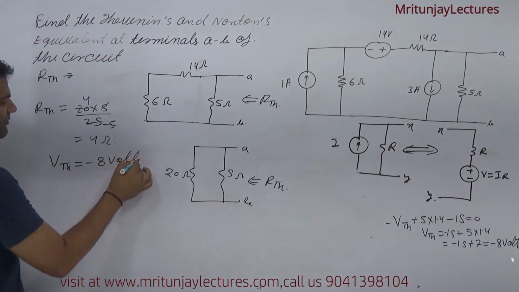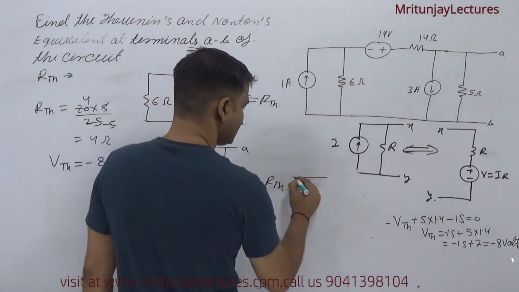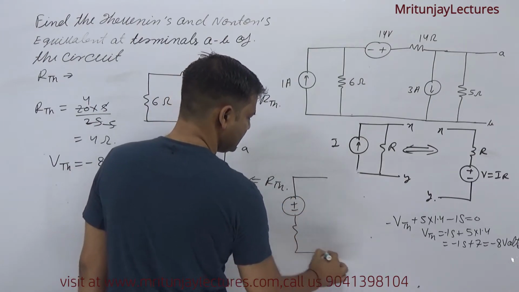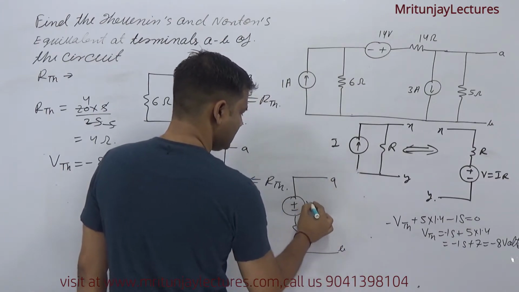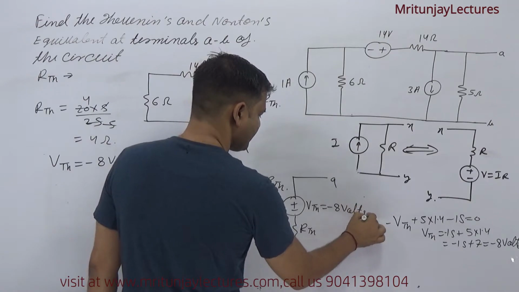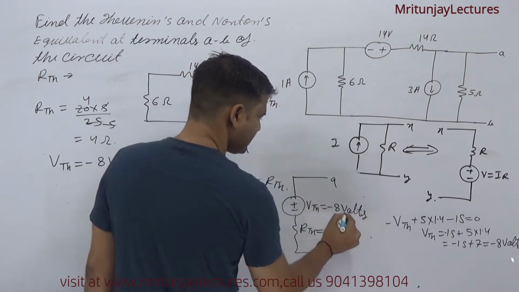What is the meaning of this one? I have already discussed that the AB terminal means this is VTH and that is RTH. VTH is minus 8 volt and RTH is 4 ohm.